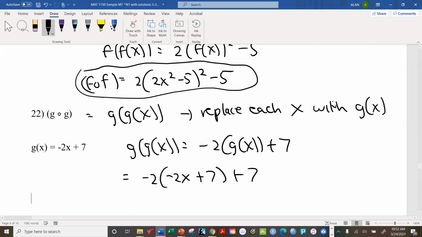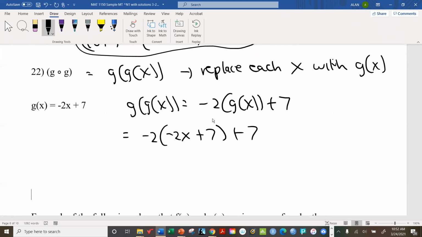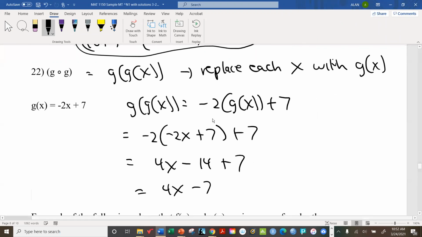Now, I'll tell you what, in this case, this is so simple, we may as well go ahead and expand on it. 4x minus 14 plus 7. Okay, that one is fine. In a simple case like that, what the heck, let's do it.